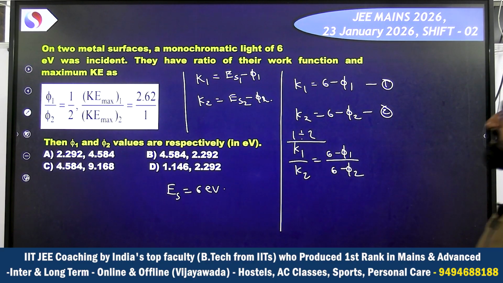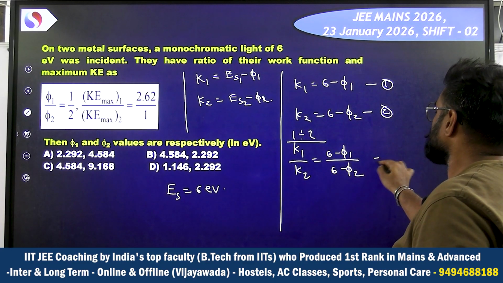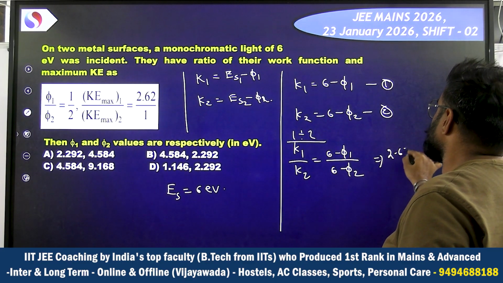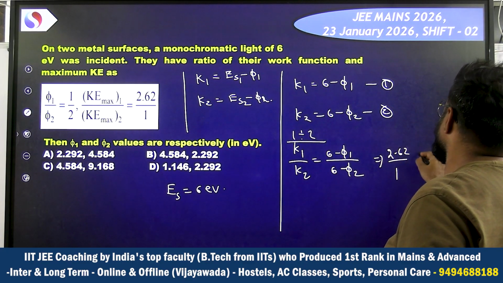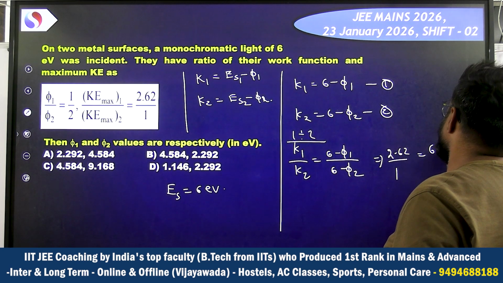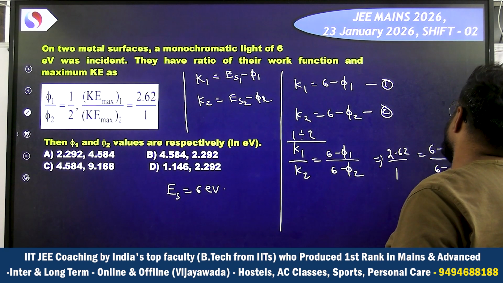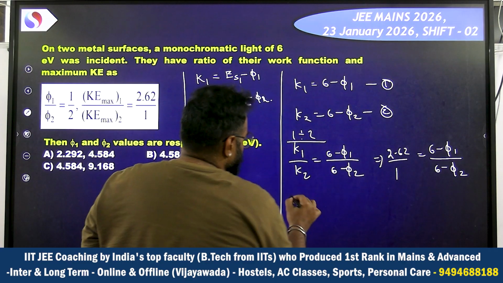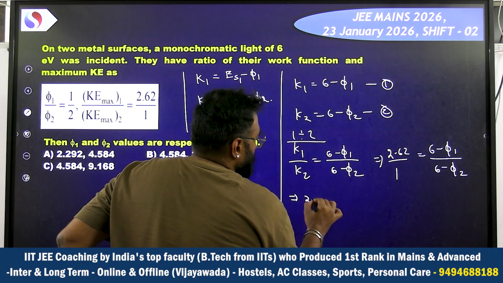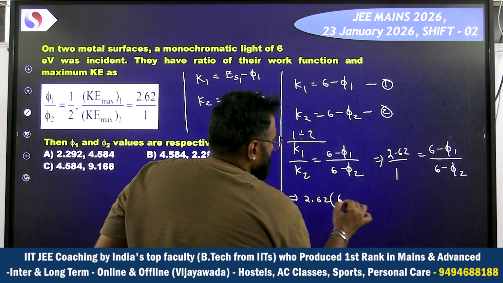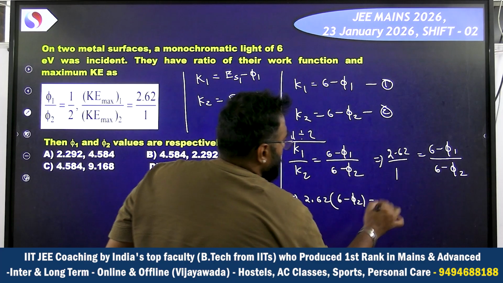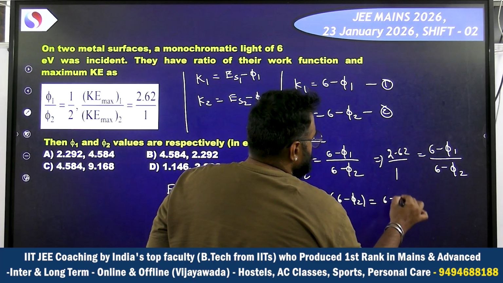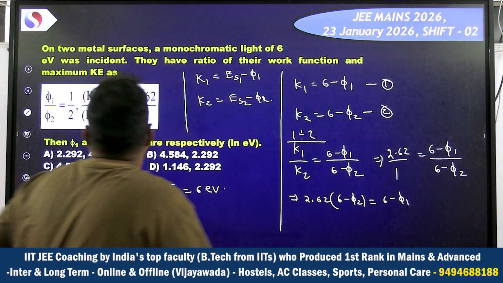Correct? So what is K1 and K2? 2.62 divided by 1 is equal to 6 minus Phi1 upon 6 minus Phi2. So can I write the equation like this? 2.62 times (6 minus phi 2) is equal to 6 minus phi 1.